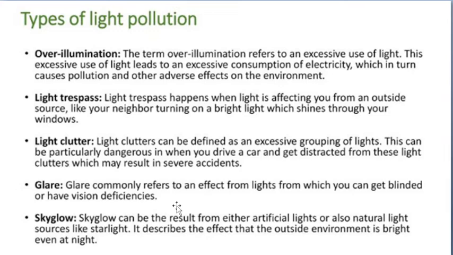Light trespass happens when light is affecting you from an outside source, like your neighbor turning on a bright light which shines through your windows. Do you understand or not? For example, suppose you are living in a colony and your neighbor is using a street light, a big light with high intensity, which is directly focused on your home through your window.